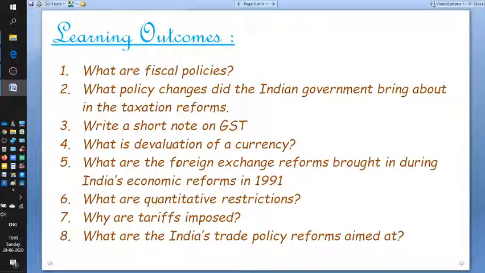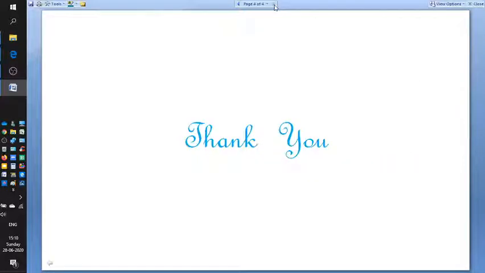Then we've learned about foreign exchange reforms. You've learned about QRs being done away with. You've learned that tariffs imposed have now been lowered, and you've learned about trade policies, why they were imposed, and what the aim was. So I hope, even though it covers 3 or 4 areas or sectors, they are important policy reforms that made India what it is today. Okay.